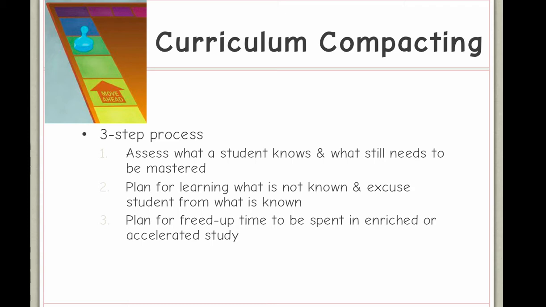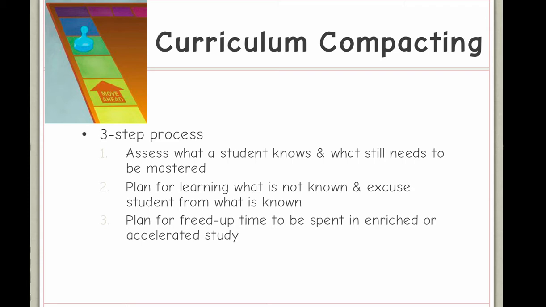But that doesn't mean the student can apply that knowledge to solve problems. So instead of making this student sit in for beginning multiplication instruction, we can say, we're going to stick to multiplication, but the student doesn't need to learn how to multiply. We're just going to work on problem solving.